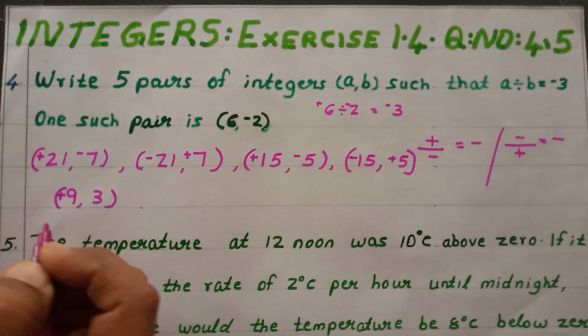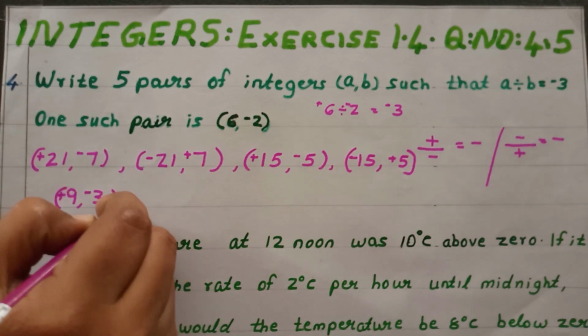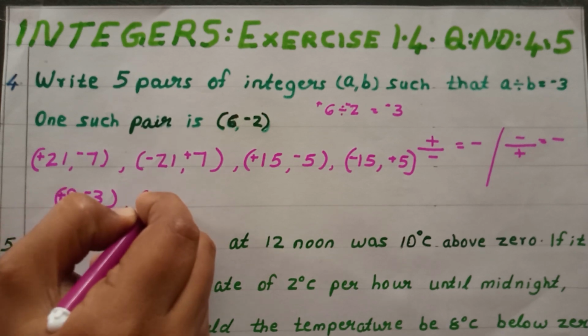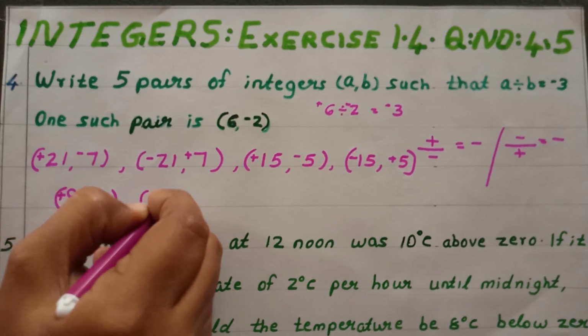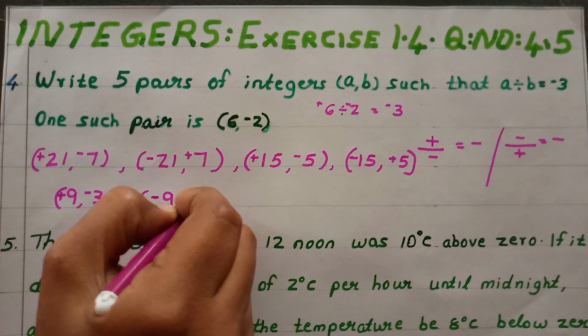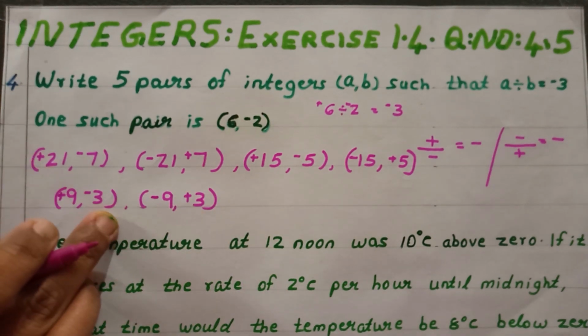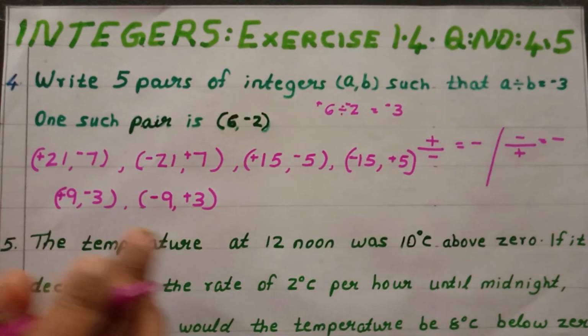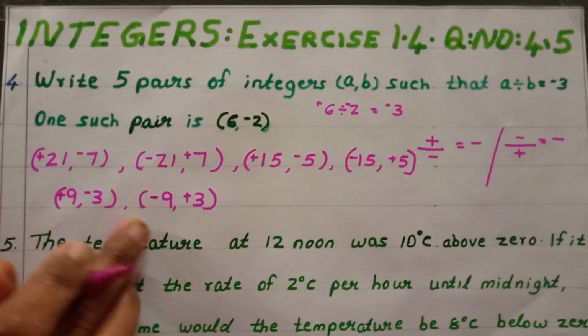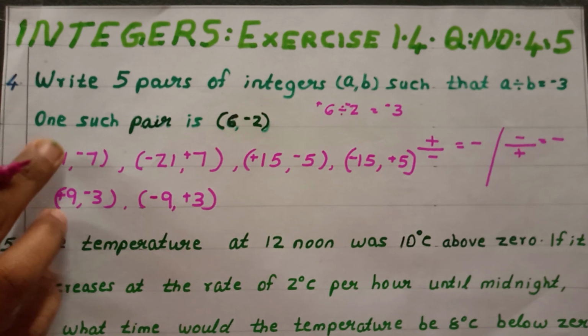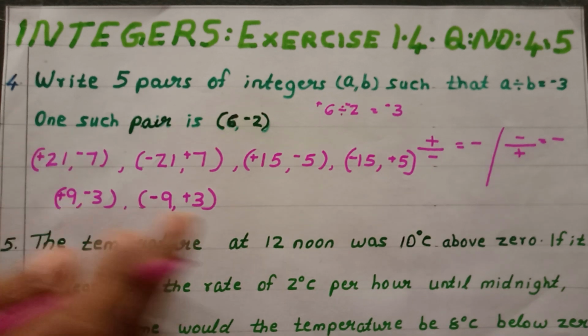Positive 9 and negative 3, otherwise negative 9 and positive 3. So these are the pairs a and b such that a divided by b equal to minus 3. In all these cases, you will be getting the answer minus 3.